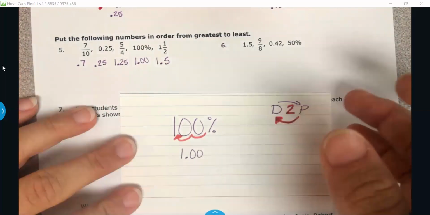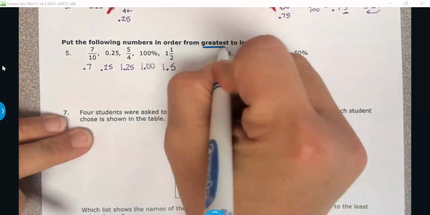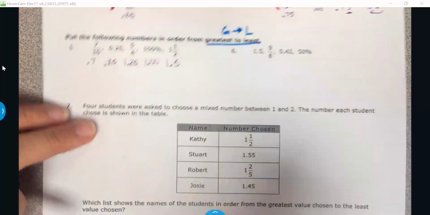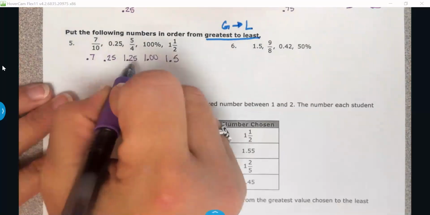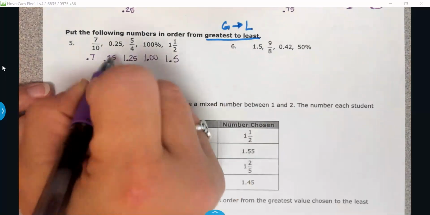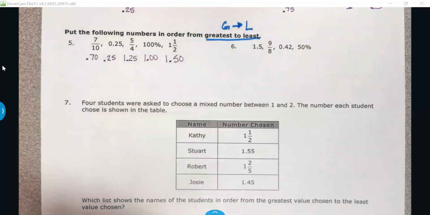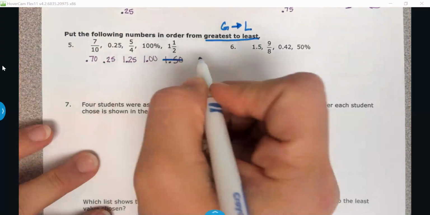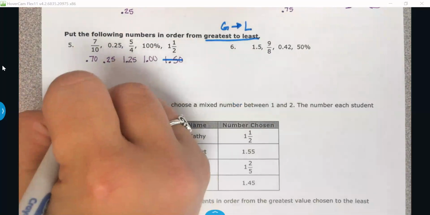Now, if I wanted to order them from greatest to least, we need to start with the biggest number. What I would suggest is these have 2 numbers behind the decimal, so let's make them all have 2 numbers. And the biggest one that they have is this one, so that one's going to come first. However, we're going to write the original form of it.